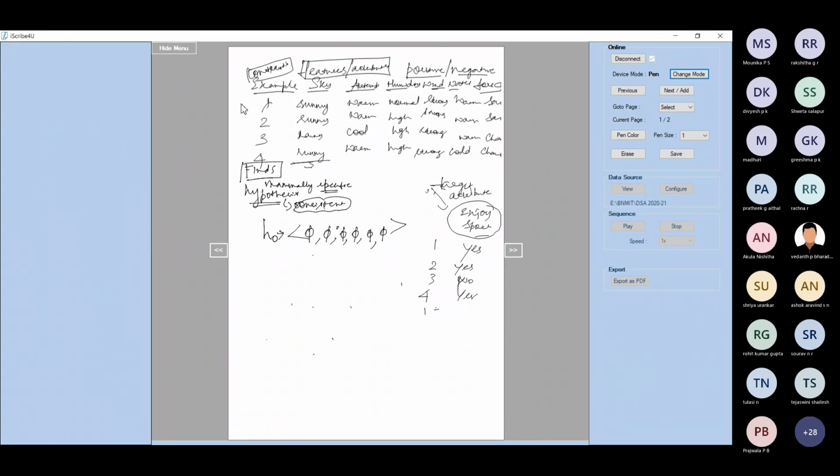So what the learner does, it observes the first training example. When it observes the first training example, it will check its class or its target. Is the first training example a positive or a negative training example? Positive. It's a positive training example.